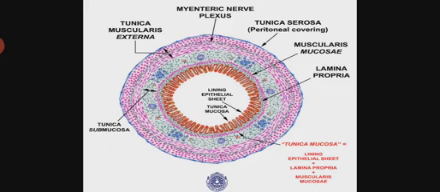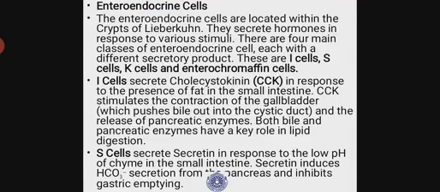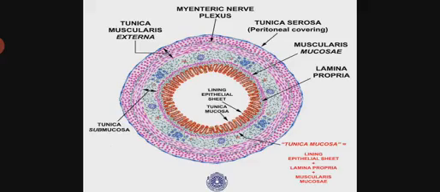And this muscularis externa, as I told you already, has the outer layer called longitudinal muscles and the inner layer called circular muscles. And between these muscular layers, that is longitudinal and circular muscles, there will be a type of nerve plexus, a network of nerve fibers, which is referred to as myenteric nerve plexus.